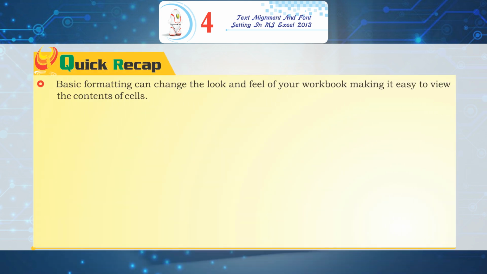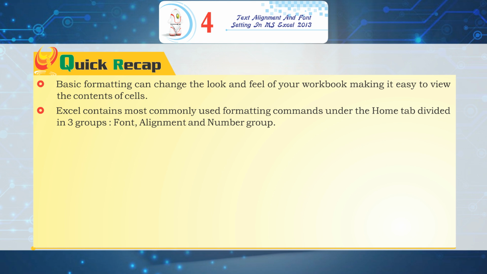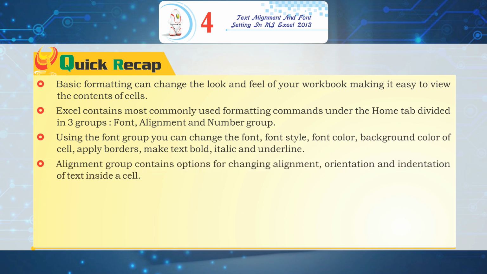Quick recap. Basic formatting can change the look and feel of your workbook, making it easy to view the contents of cells. Excel contains the most commonly used formatting commands under the Home tab, divided into 3 groups: Font, Alignment, and Number group. Using the Font group, you can change the font, font style, font color, background color of a cell, apply borders, and make text bold, italic, and underline.